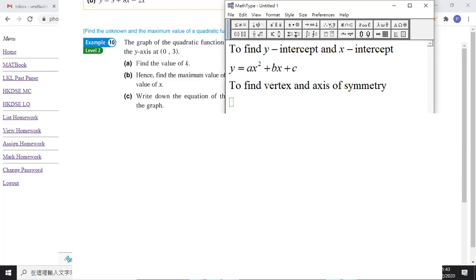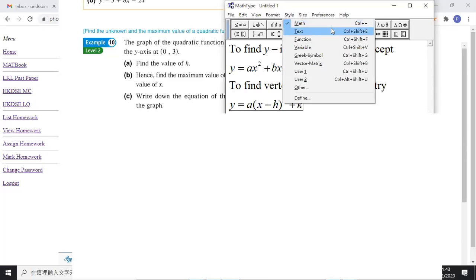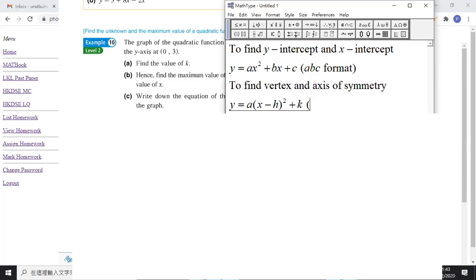we need to change it to this format: a times x minus h squared plus k. Okay, so I'm going to call that the ABC format. And then this one, I'm going to call this the AHK format.